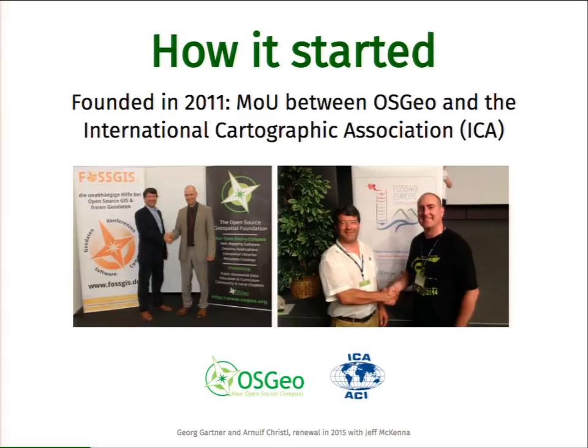He put together a memorandum of understanding between OSGeo and the International Cartographic Association. I find it very interesting that the initiative actually came from cartography, from this association. So you can see the first presidents of ICA and OSGeo.